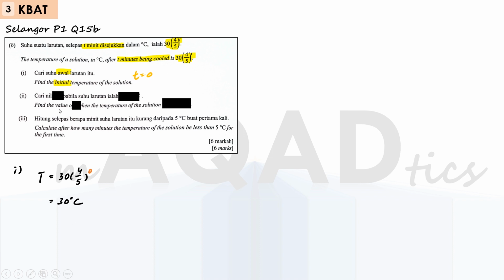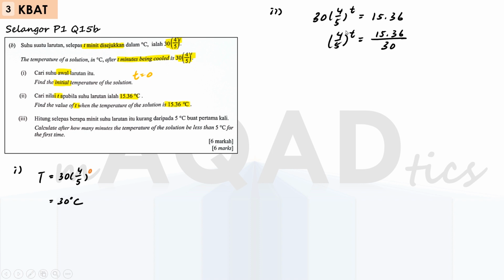And for part 2, we need to find the value of T when the temperature is 15.36. Okay, so let's equate this value with this value here to find the value of T. So let's move 30 to the front, and the T. Okay, so this one is at the power position, so we need to move this T to the front. So what we need to do is apply log for both sides.